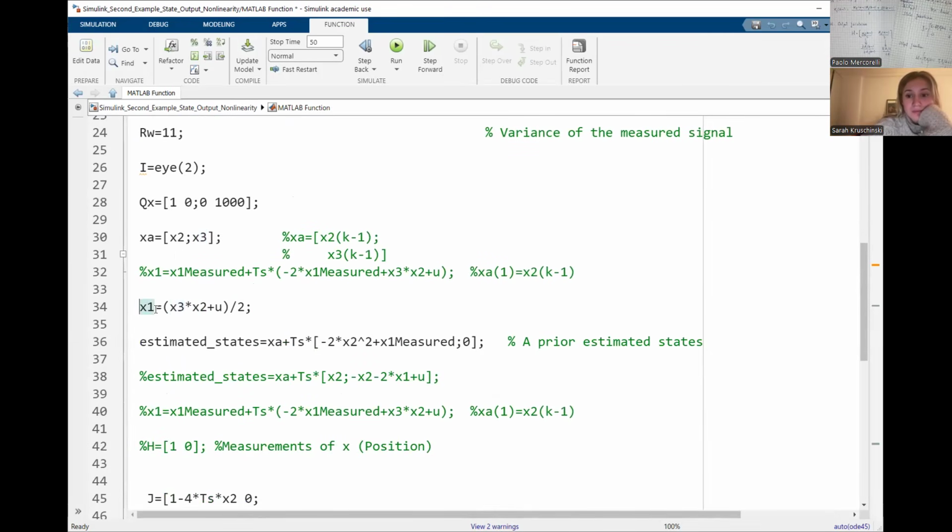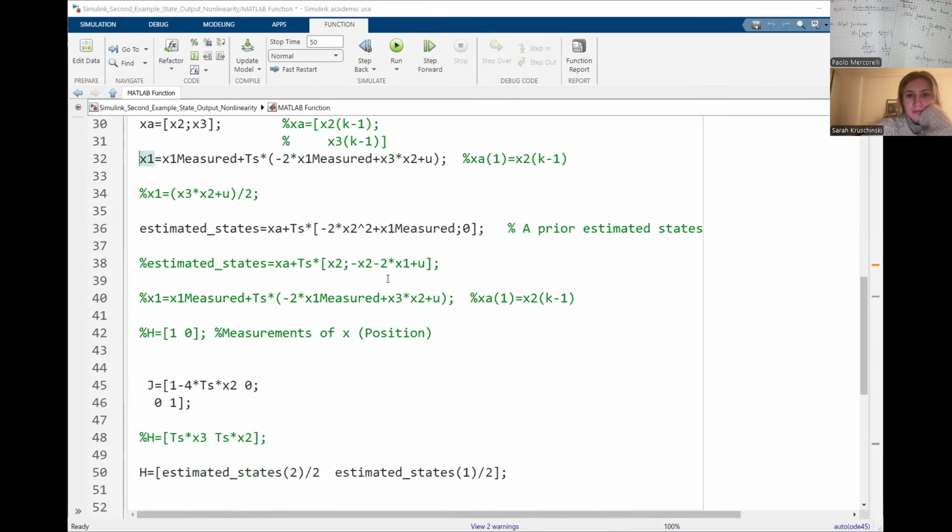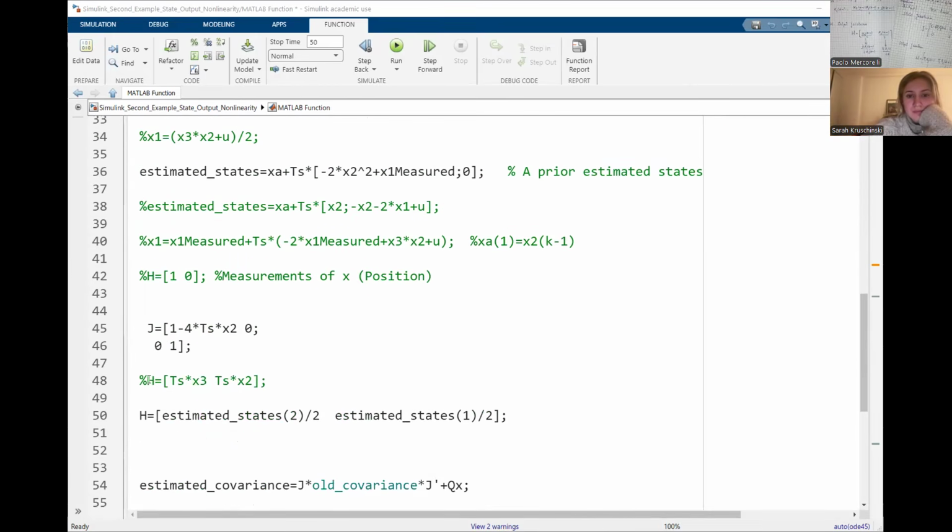I have to comment this, and I have to apply this one. Don't care about this comment here. I don't know why it's there. And I have to consider this Jacobian here, which corresponds to the equation which I activate now, and to comment this one. Do you remember I discussed a lot about TS, not TS?